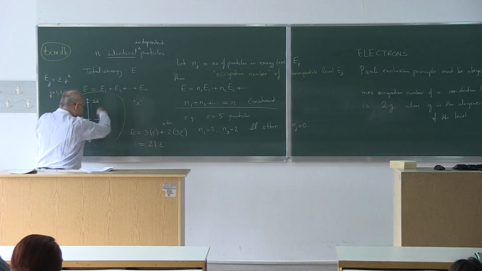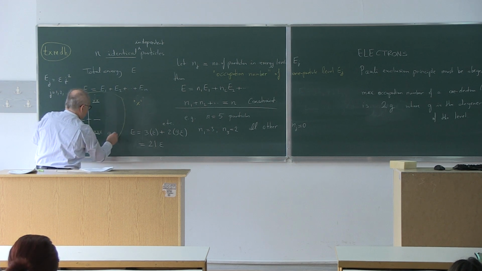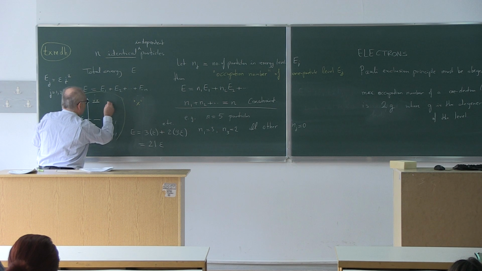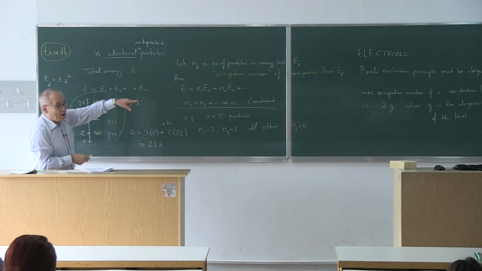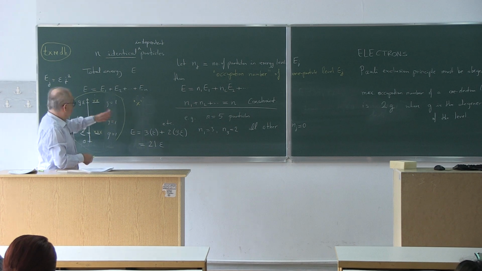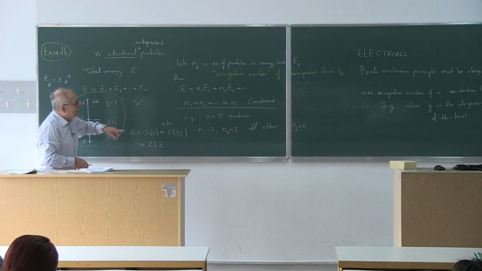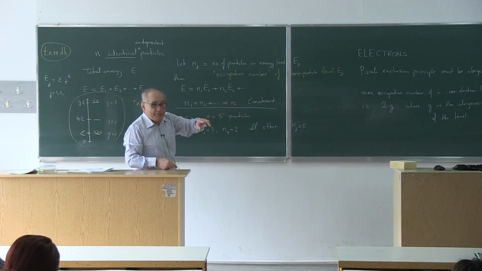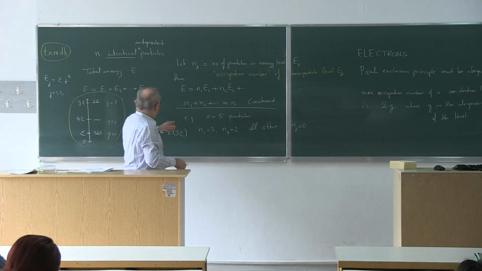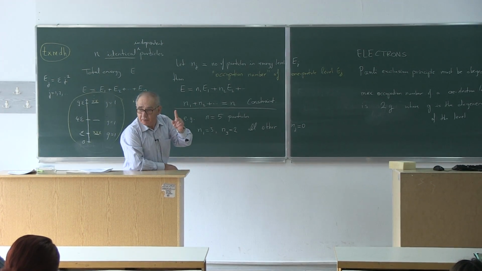So here, in this example, when we apply the Pauli principle to this model, then g is 1, 2 times 1 is 2. Therefore, maximum occupation number of one of these levels is 2.